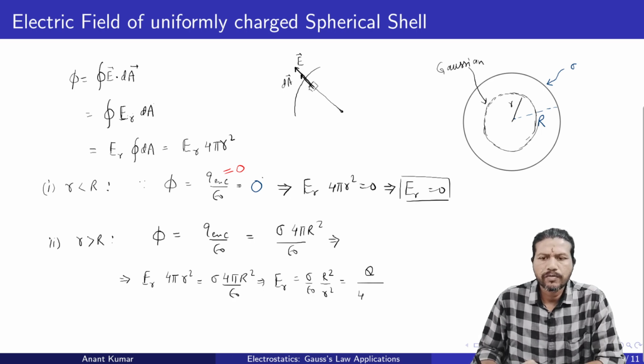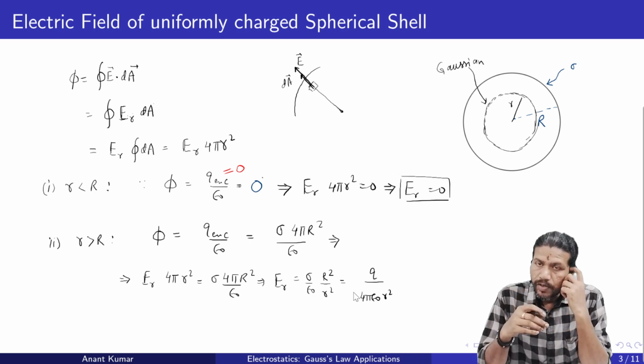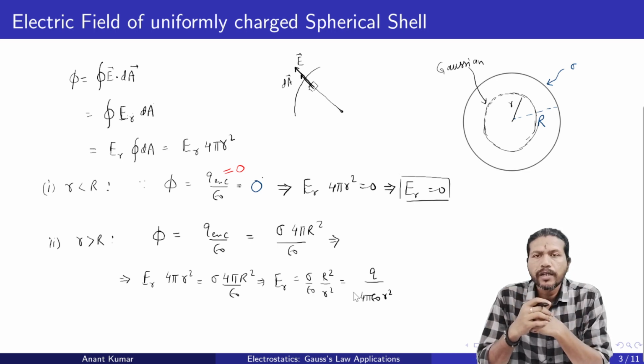In terms of this total charge, we shall be able to write down the field as q by 4 pi epsilon 0 into r square, which is in fact the electric field of a point charge. This means that if I look at the shell from outside, it will simply look like a point charge as far as the field is concerned. But for inside points it is equal to 0.